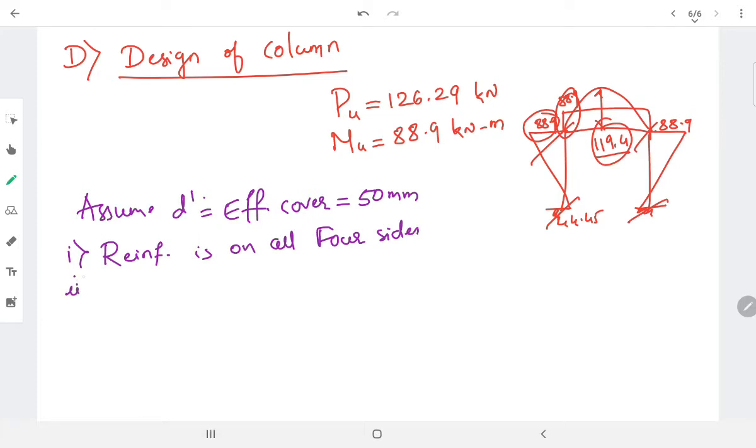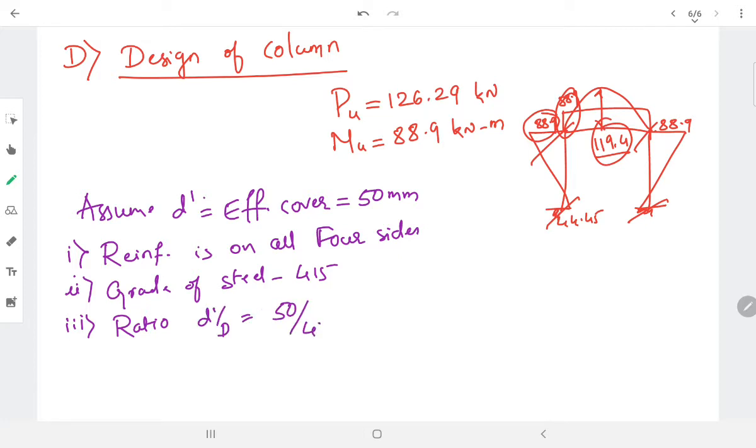Next, second one, grade of steel considered is 415. And third point here we need to remember D dash by D is 50 divided by 450. D dash is the cover, 450 is the depth of the column.